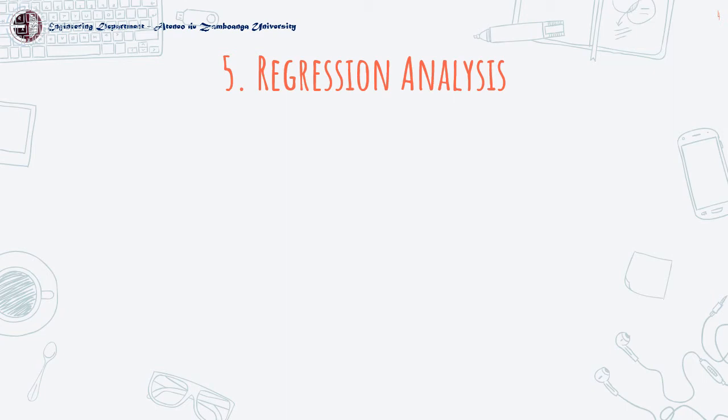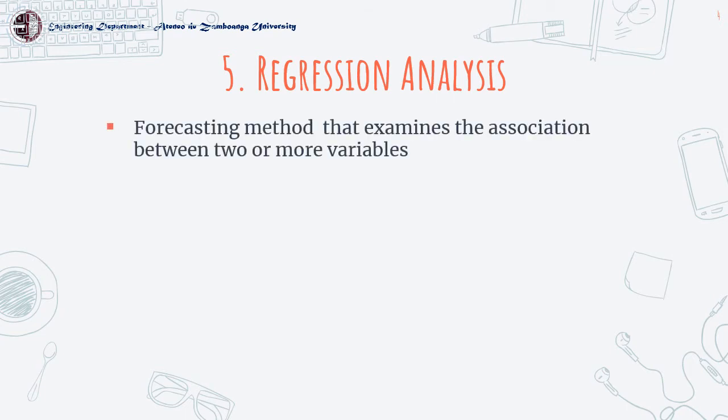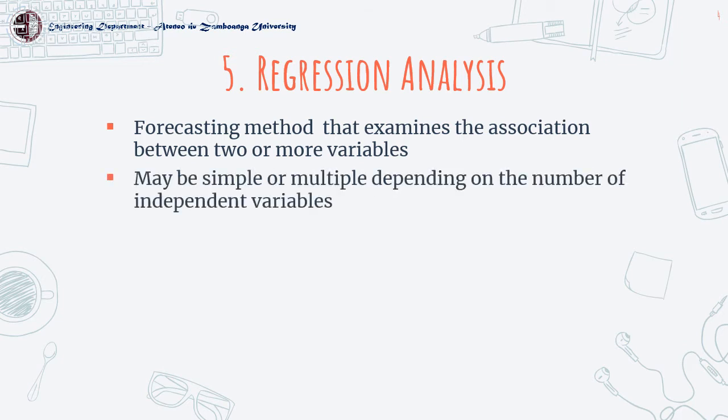Next, we have regression analysis. A regression model is a forecasting method that examines the association between two or more variables. It uses data from previous periods to predict future events. Regression analysis may be simple or multiple depending on the number of independent variables.